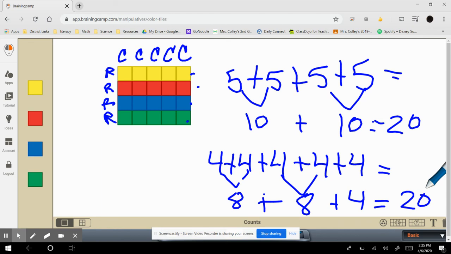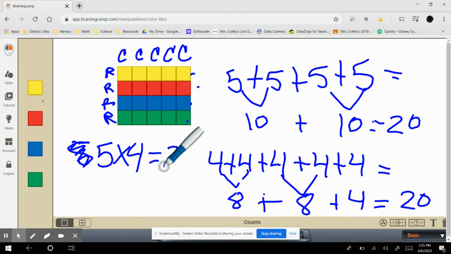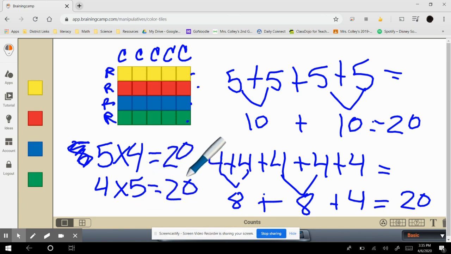Nice job. Now my multiplication sentences would be 5, oops, not a very good 5. 5 times 4 equals 20. Or 4 times 5 equals 20. Great job, boys and girls.